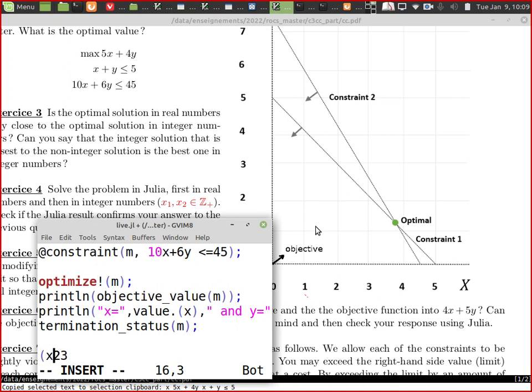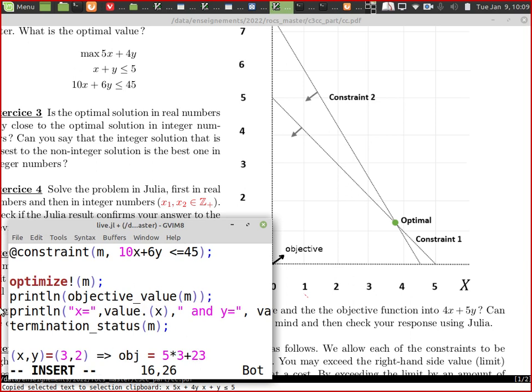So, if x and y are 3 and 2, I have objective equals 5 times 3 plus 4 times 2, which is 23.